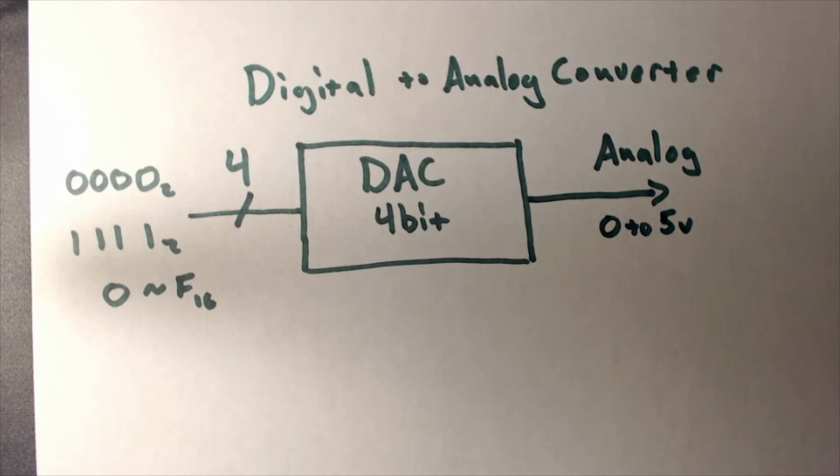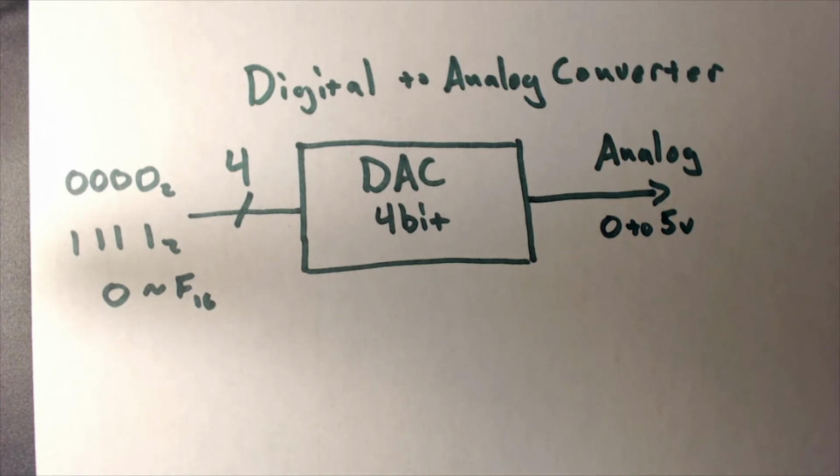So in order to create an ADC, you need a DAC. Or in other words, to create an analog to digital converter, you need inside of it a digital to analog converter.